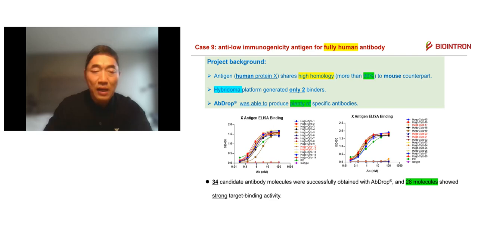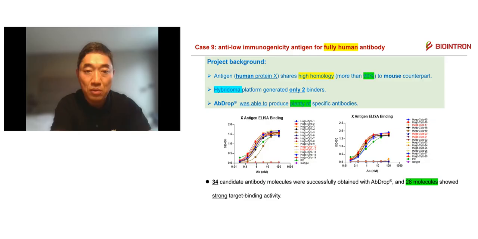Last but not least is the final case study. In this case we still use the transgenic mouse. The antigen, which we call antigen X, is actually a human protein.